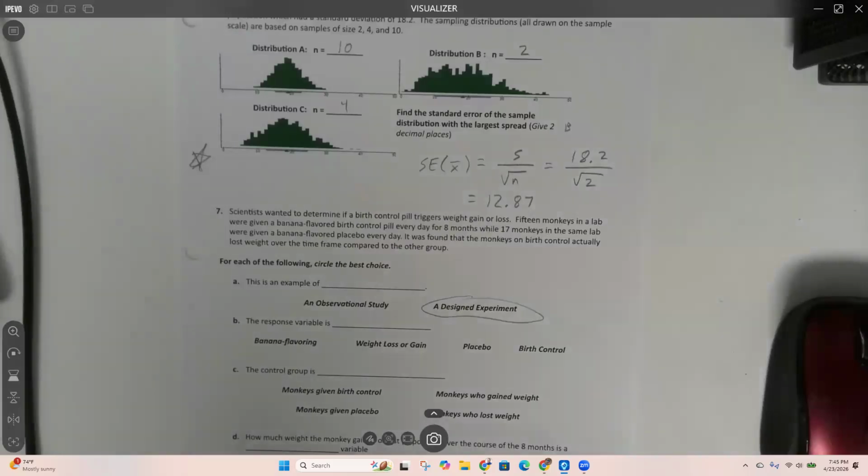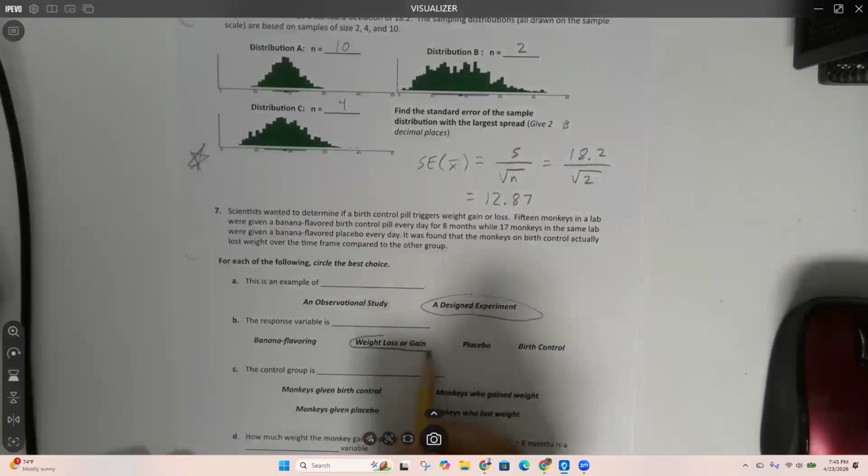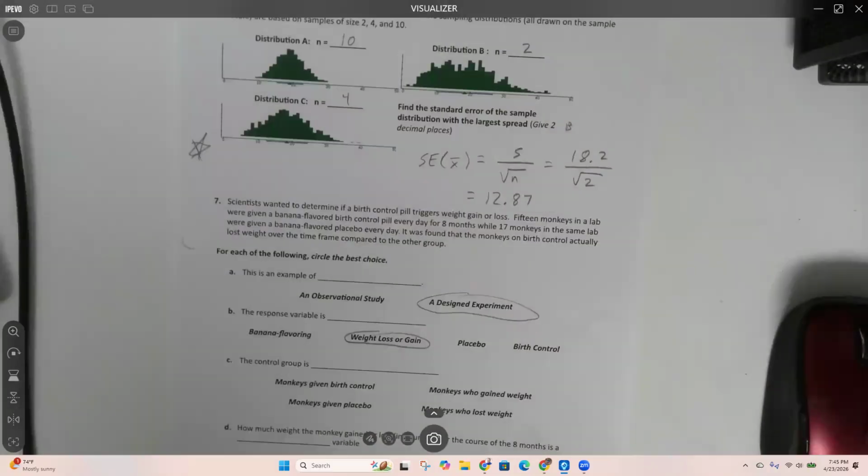Okay. All right, the response variable is banana flavoring, weight loss or gain, placebo, or birth control. Yeah, and Crystal, I agree. It's the weight loss or gain. That is the response variable. Good. The control group is monkeys given birth control, monkeys who gained weight, monkeys given placebo, or monkeys who lost weight.